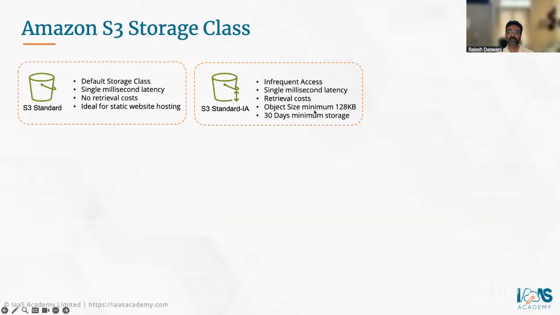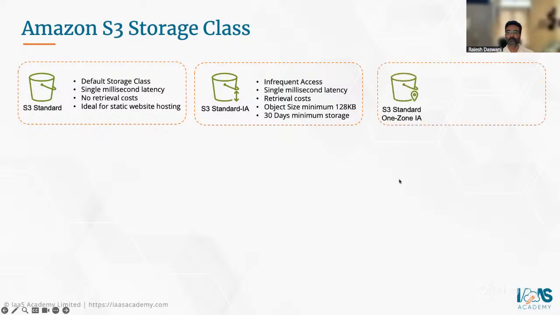For instance, the object size should be 128 kilobytes as a minimum, and if you put anything in this class, it should stay there for a minimum of 30 days. There are also retrieval costs if you're constantly accessing a particular object, and it really should be sitting in the standard storage class. So it defeats the whole purpose of having it in this class.